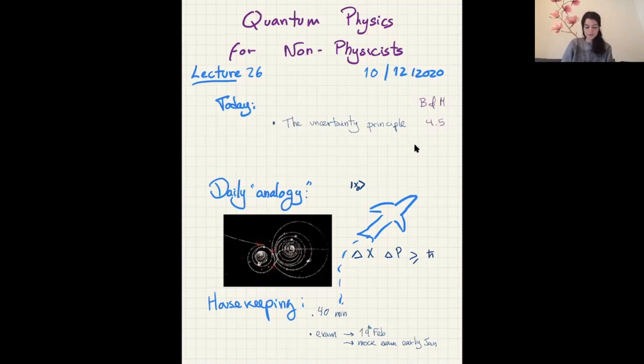Here we observe the position, obviously not to infinite precision, but to very good precision, and we also see the momentum to very, very good precision. The uncertainty relations are a way to quantify this. Probably the way that you've seen it the most is in this form, where the uncertainty over the position times the uncertainty over the momentum is larger than h bar. And remember that h bar is a very, very small number.